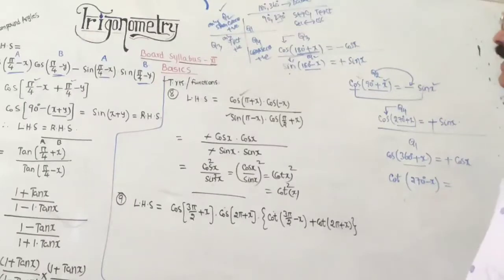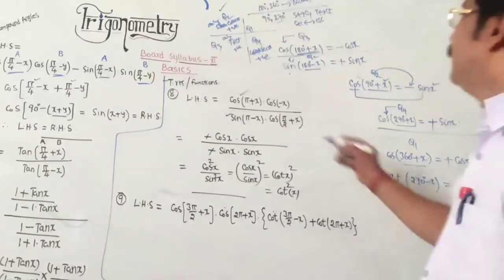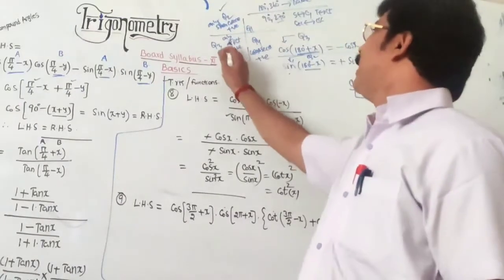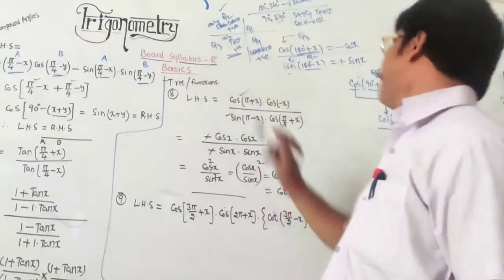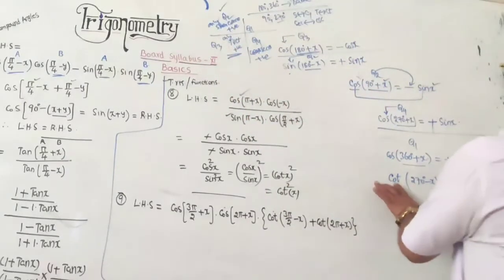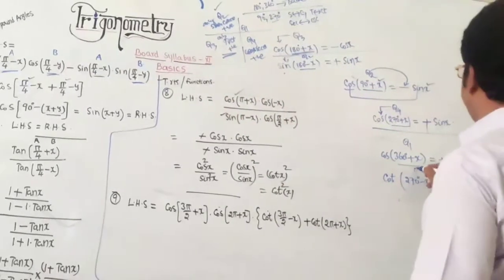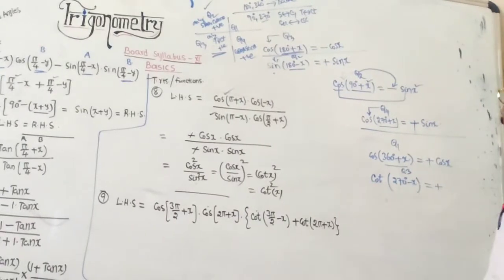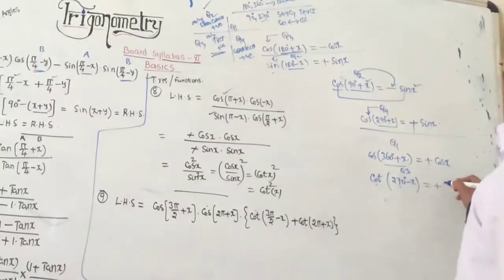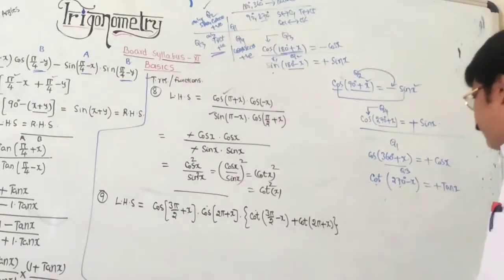270 degrees minus theta. It is in which quadrant? Tell me. 270 minus, third quadrant. In the third quadrant, only tan and cot are positive. Cot is positive, okay. 270 changes, cot changes to tan, and the same, tan x.